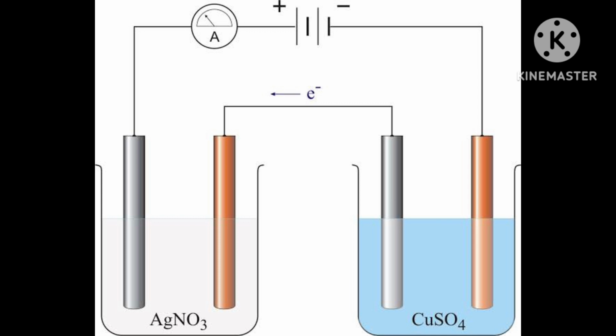And the second law: if the same current is passed for the same time in different electrolytic cells, then the amount of metal deposited on the electrode in each cell depends upon the chemical equivalent weight of that metal. This is the second law.